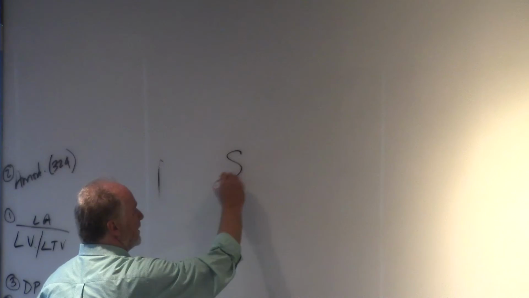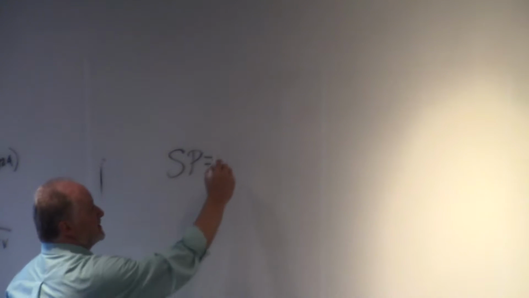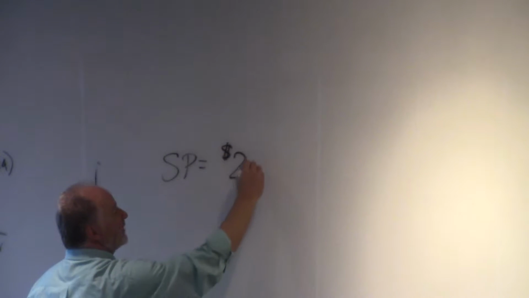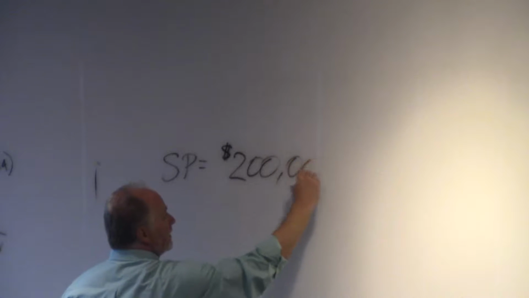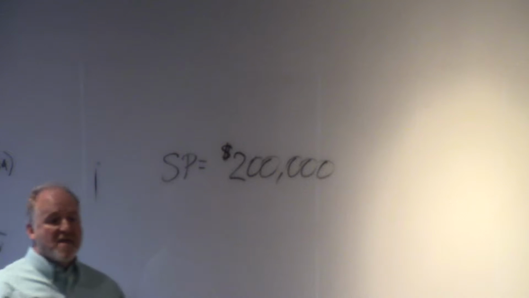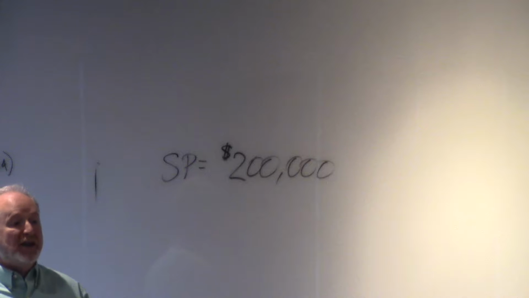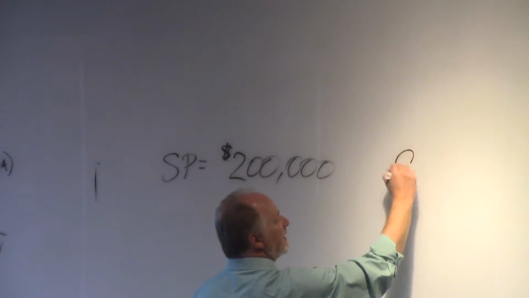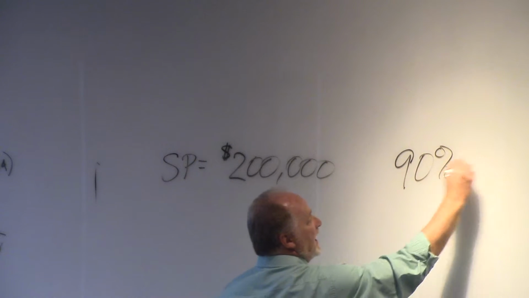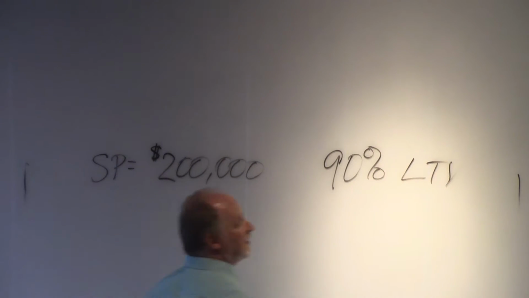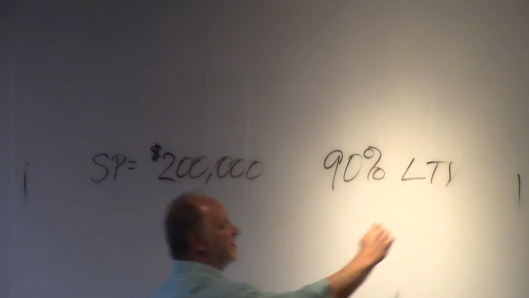That the house sold, the sale price of the house, and keep in mind, all of this will be given to you in the problem if you need it. The sale price of the house is $200,000. The bank will make you a 90% LTV loan.